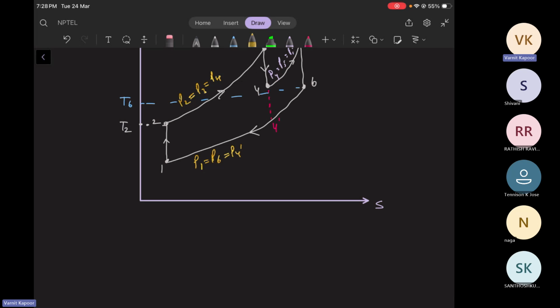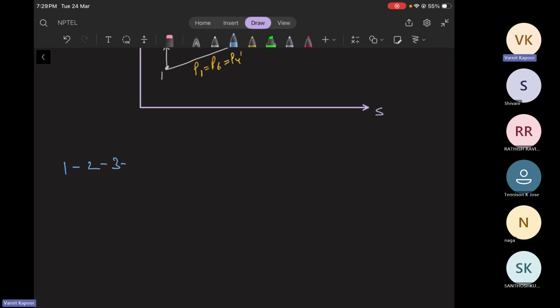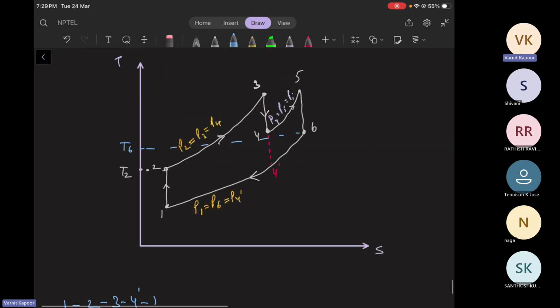So let us compare again the table, without reheating compared to with reheating. So 1, 2, 3, 4 dash and 1 would have been without reheating.